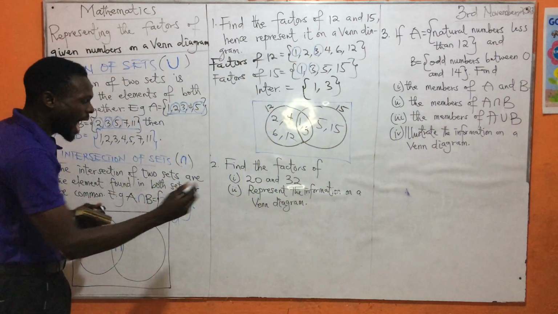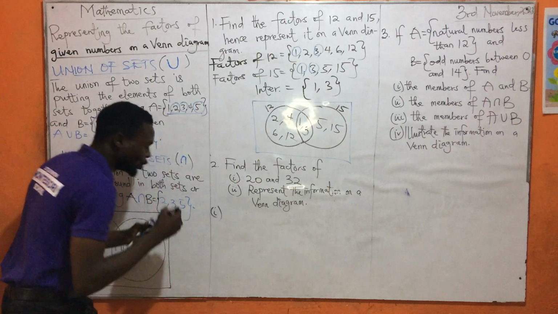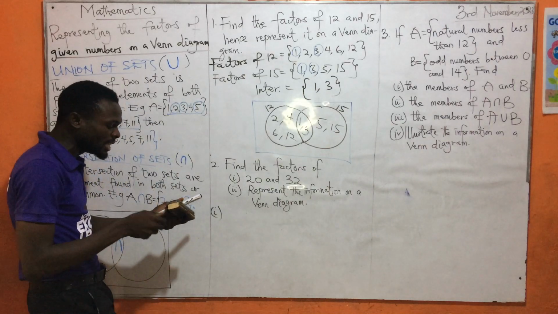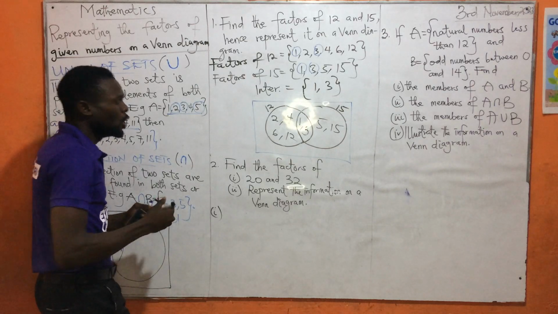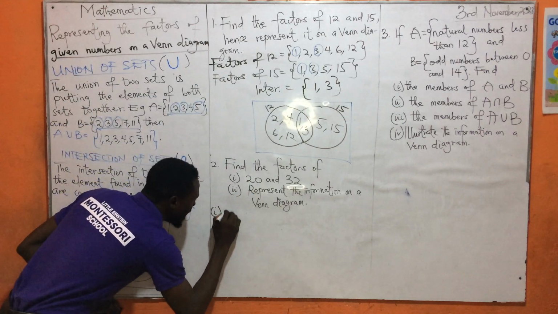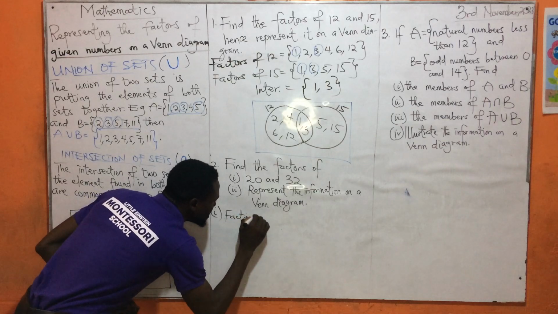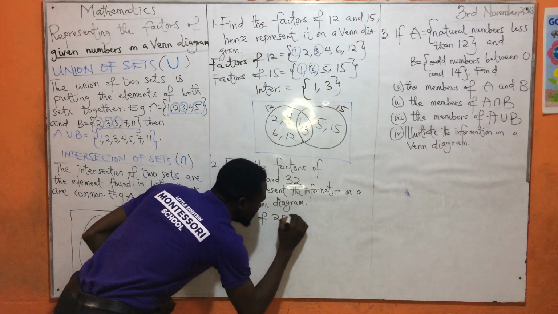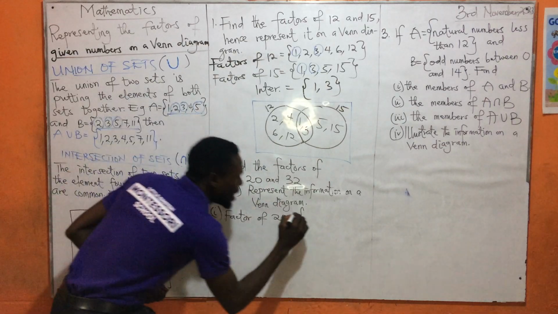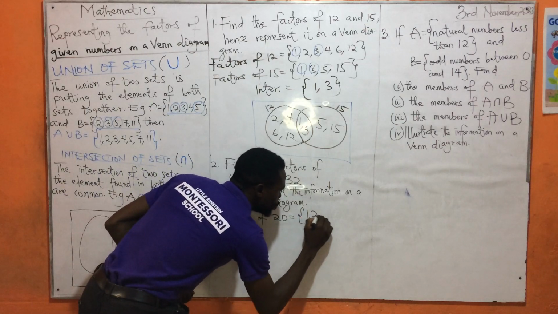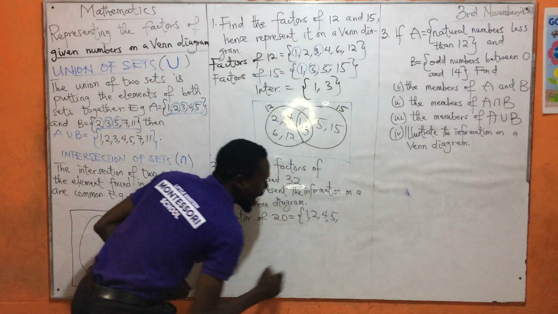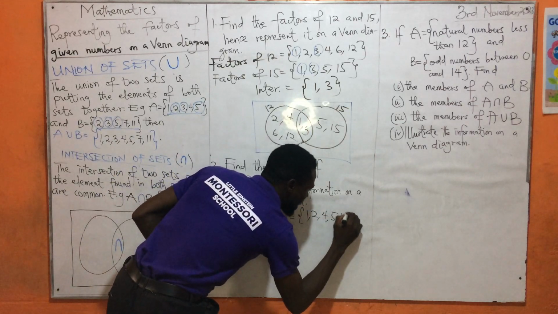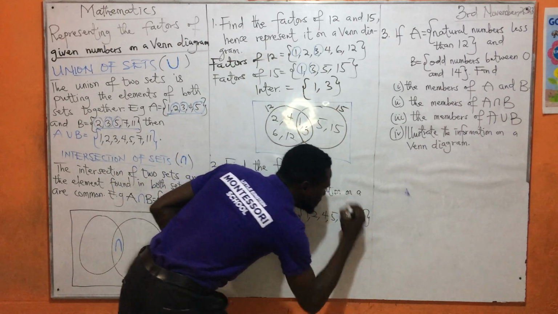So here, it is saying that I should find the factors of 20 and 32. I know how to find the factors of 20 and 32. So quickly, I can say that factors of 20 are 1, 2, 4, 5, 10, and 20.